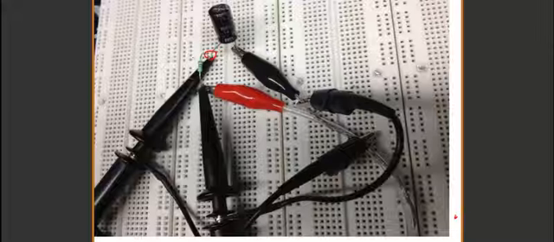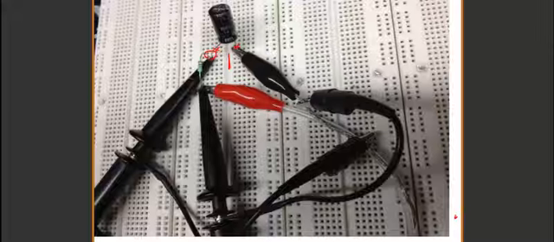Another thing, make sure that the both pins of the capacitor are connected on two sides of the gap. There is a gap which is breaking the breadboard into two halves. So make sure that they are on two sides of the gap.